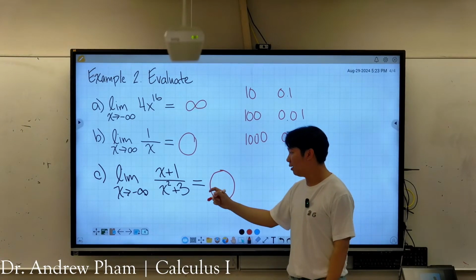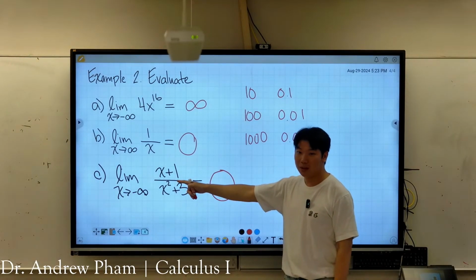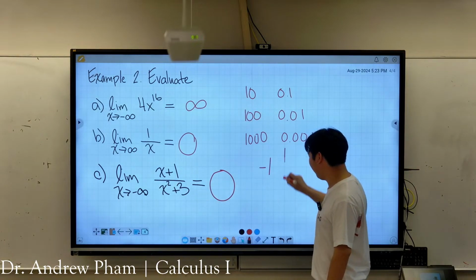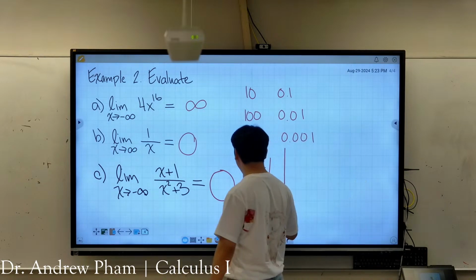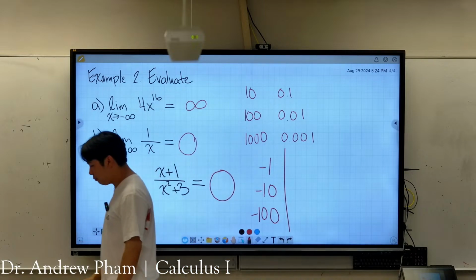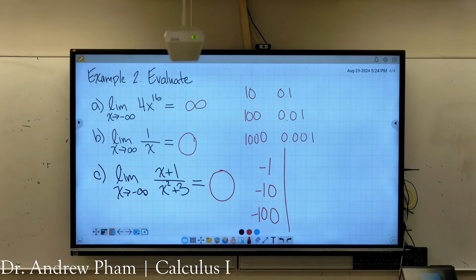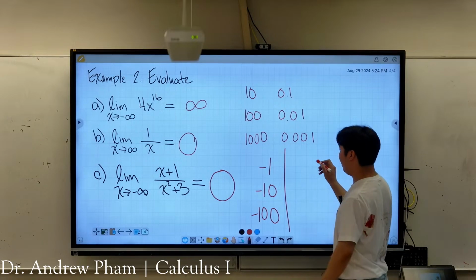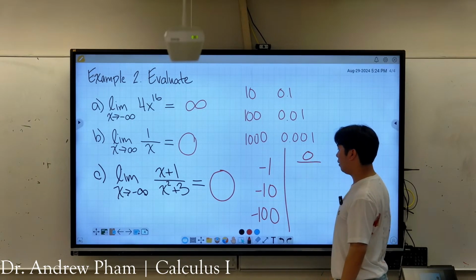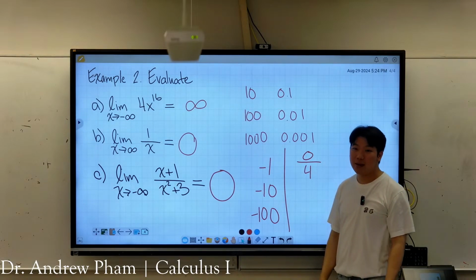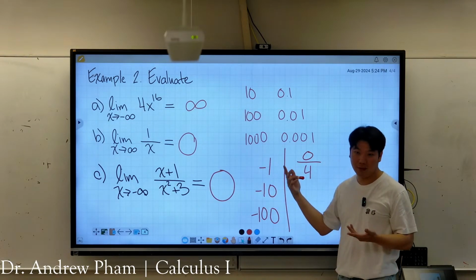We can even do that with small numbers. Let's say I plug in negative 1. What happens if I plug in negative 1? Someone do that for me. And someone do negative 10, and someone do negative 100. Or I can do this very quickly as well. Just to prove a point, if I plug in negative 1, I'll get 0 over 4, which is 0.